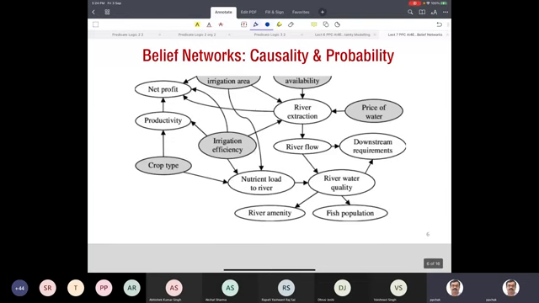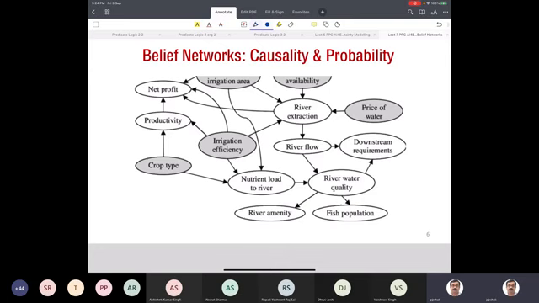So Bayesian networks are hinged on probability and causality. For example, here we have crop type. The productivity depends on the crop type, and the nutrient load on the river also depends on the crop type. But the nutrient load on the river also depends on the irrigation efficiency and the total irrigation area which is loaded onto the river.